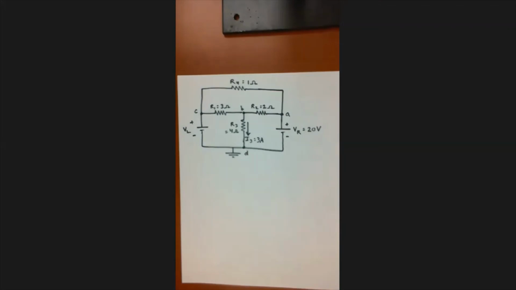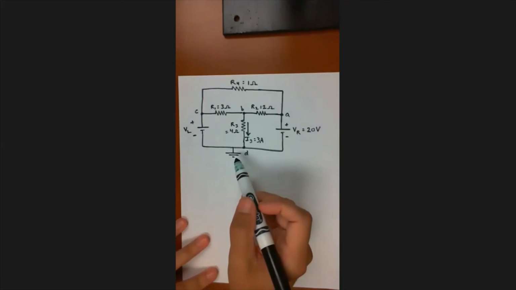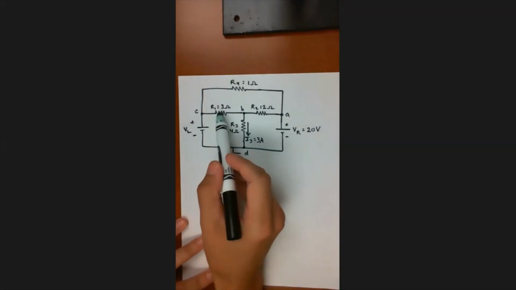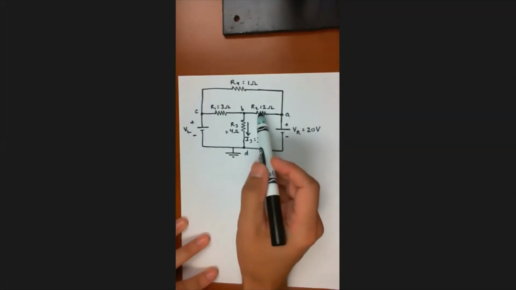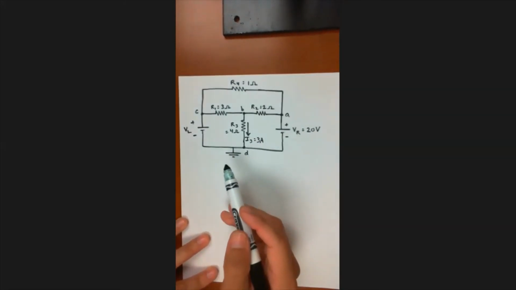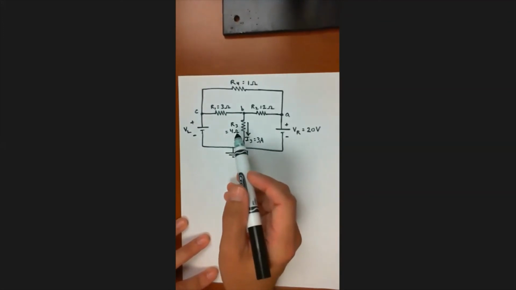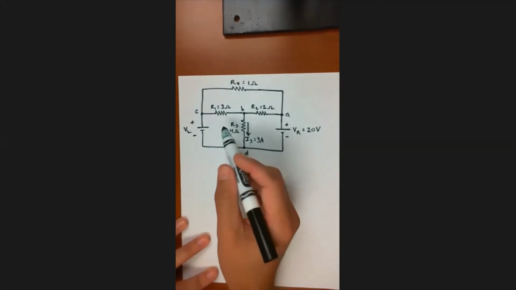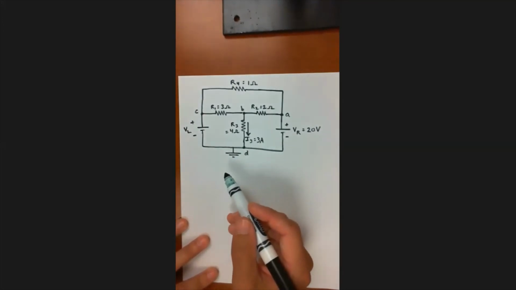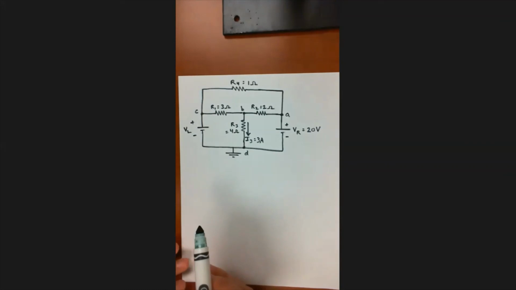All right, so you need to find the current and the voltage drops for resistor 1, resistor 2, and resistor 4. Did I just say current or voltage drops? Anyway, you need to find the current and the voltage drops through all the resistors, and you need to find V sub L, the voltage drop here.